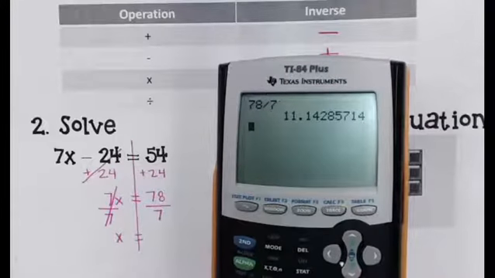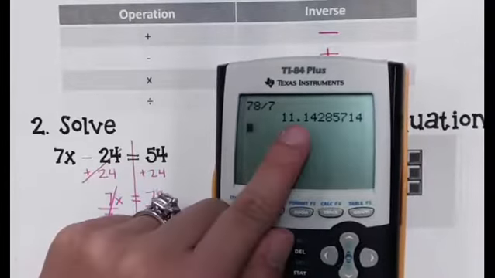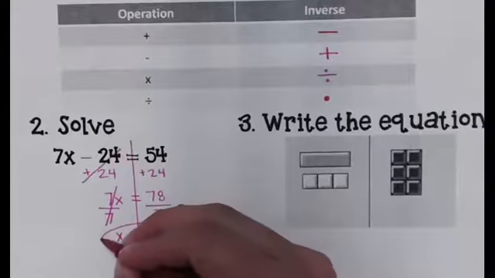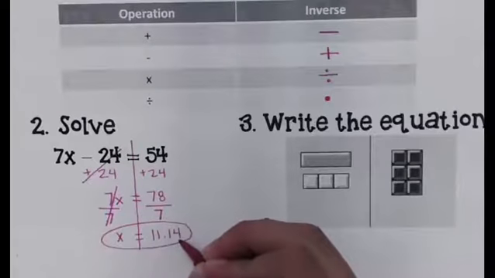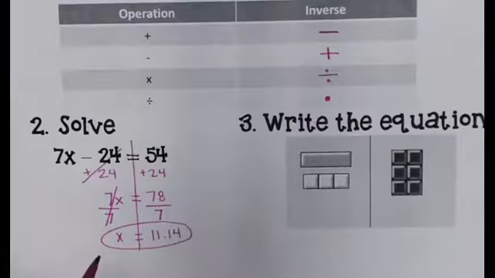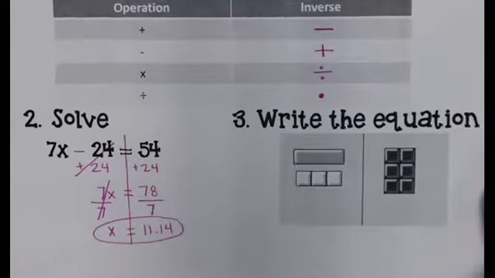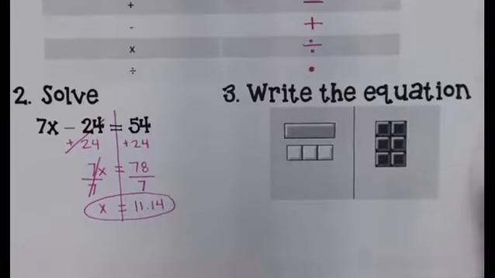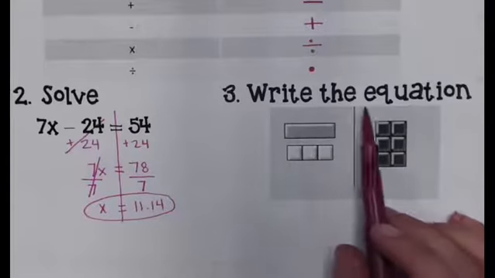I'm going to round to the nearest hundredth, so my answer here is 11.14. In algebra, we're always going to round to the nearest hundredth, not tenth, hundredth. So the second number after the decimal. Again, we're going to talk more about two-step equations today, so if you didn't get that quite yet, we'll have more practice.